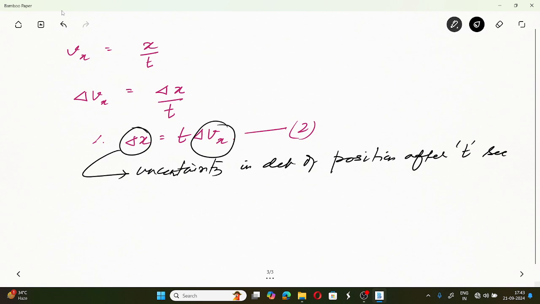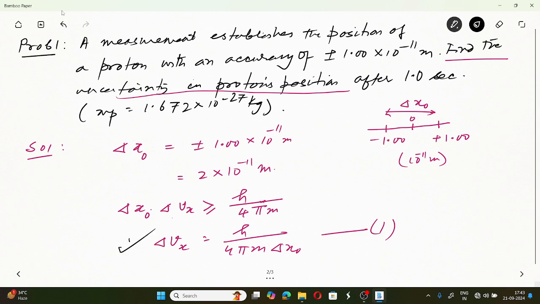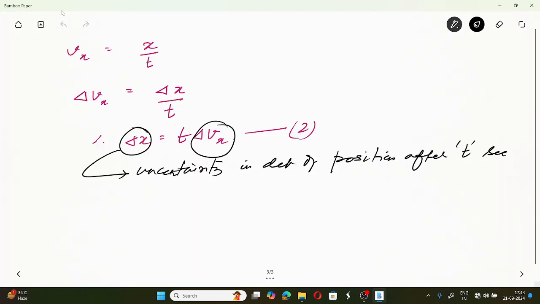Now we already know the expression for the uncertainty in the determination of velocity. This is the expression. So we can substitute this expression in equation 2. Delta x greater than or equal to t times h by 4 pi m delta x0.